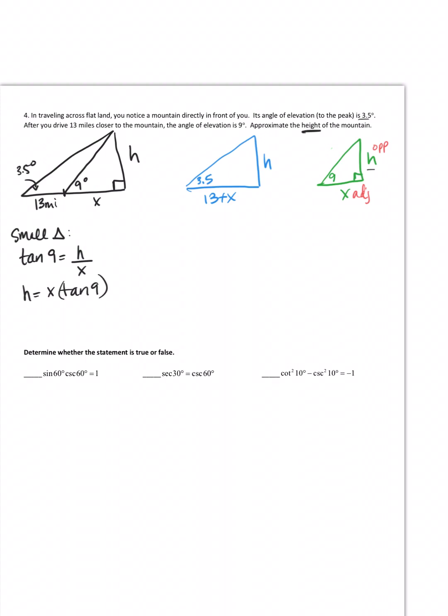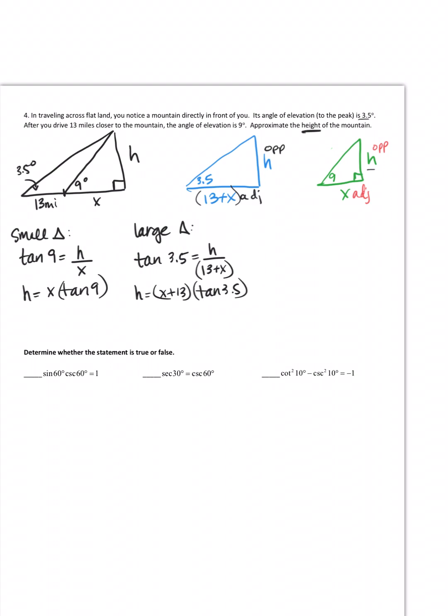All right? What about the larger triangle? Let's do the same thing. We still have opposite, we still have adjacent, right? It just looks gnarly, no big deal. So we're still going to use the tangent, but this time the tangent of 3.5 degrees equals h over 13 plus x. Keep that together. So now h is equal to, when I multiply, 13 plus x times the tangent of 3.5, okay?